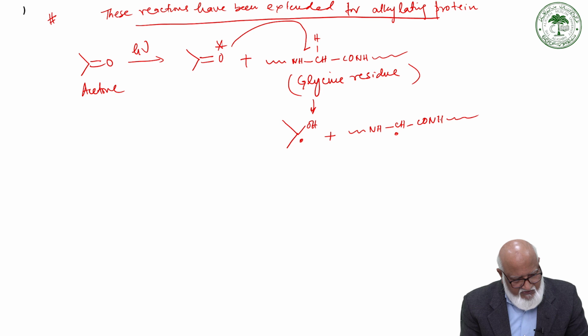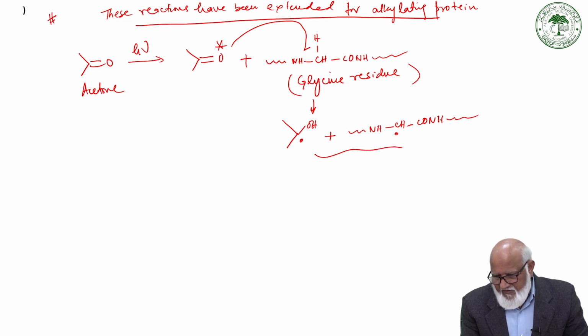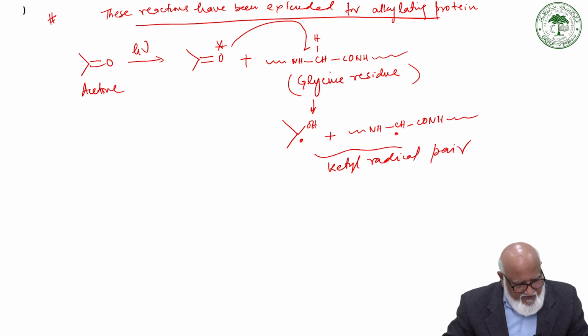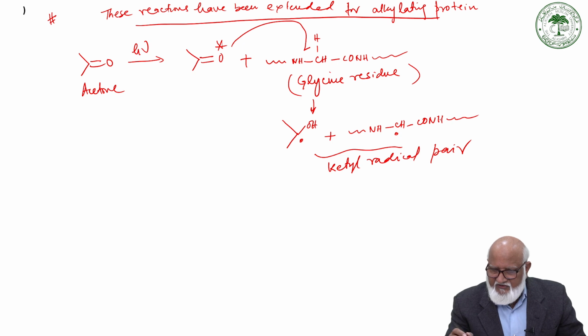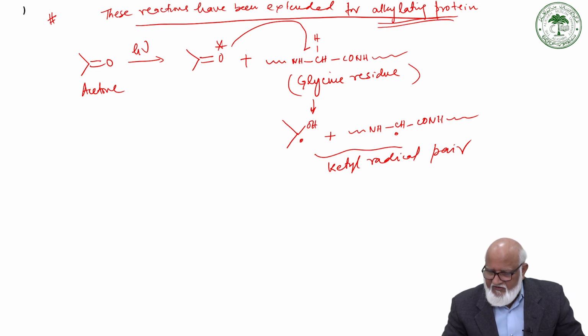So you can see, as usual, we have a ketyl radical pair. This radical can add, so we are talking about alkylation of protein. So this can add to an alkene.